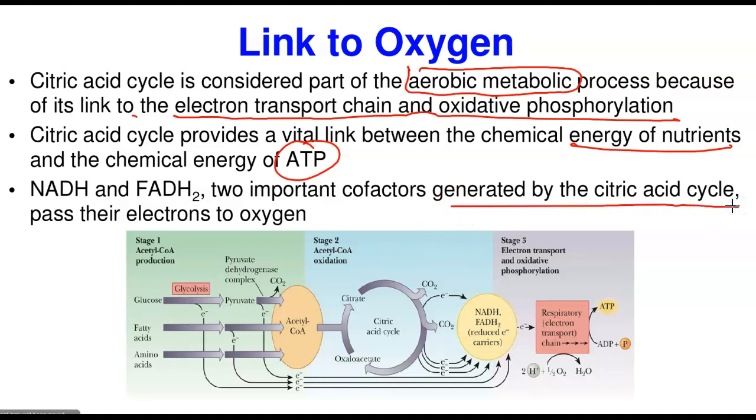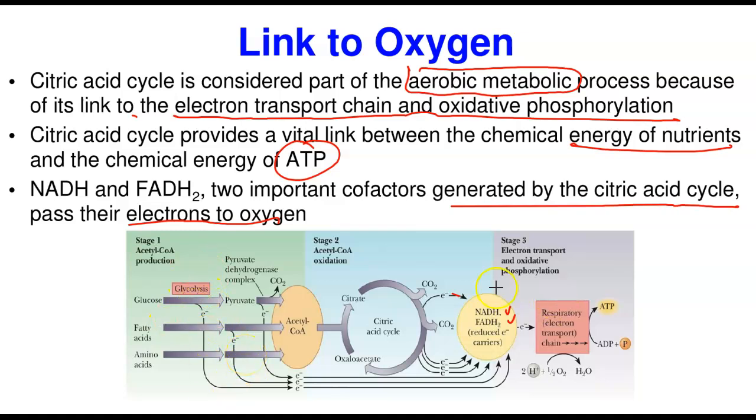It is these two that will help pass electrons to oxygen in the last part, the third stage of metabolism, that we're going to talk about in chapter 20. After the citric acid cycle, these electrons are carried by these two, plus some released by fuel molecules.